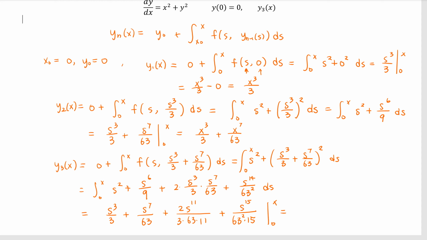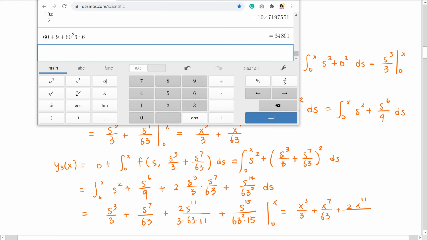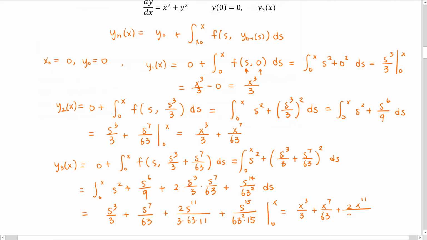Okay, so we just replace s by x. So x cubed over 3 plus x to the 7 over 63 plus 2x to the 11 over... Well, you can also calculate what this is. Let's see, calculator. 3 times 63 times 11 is 2079.